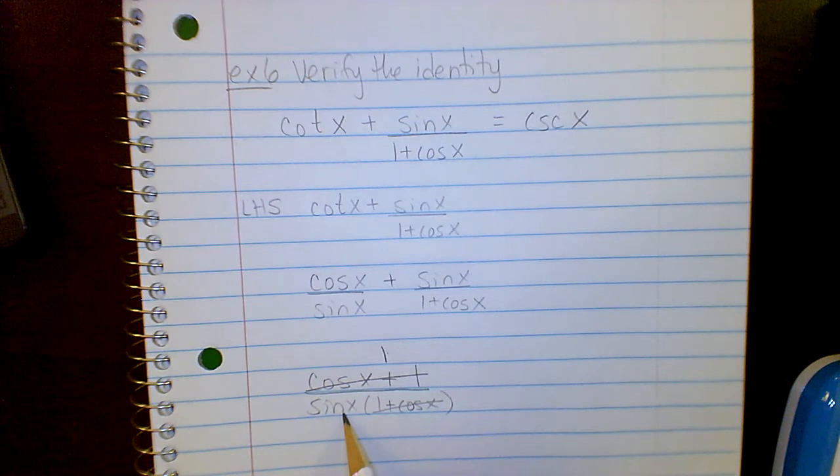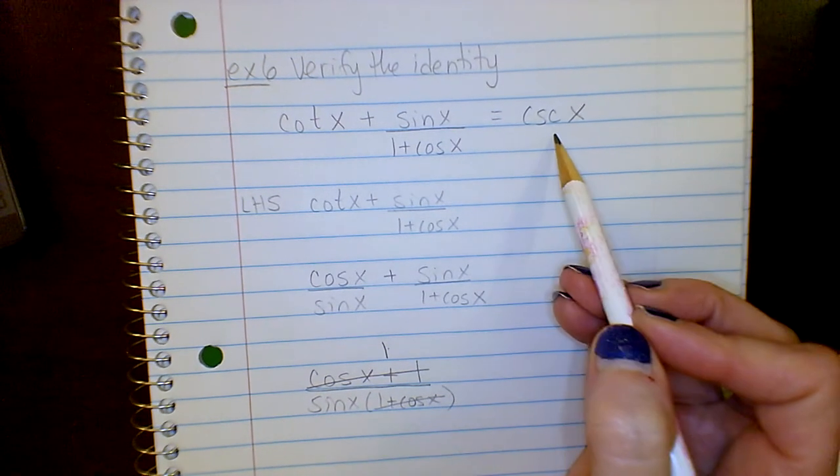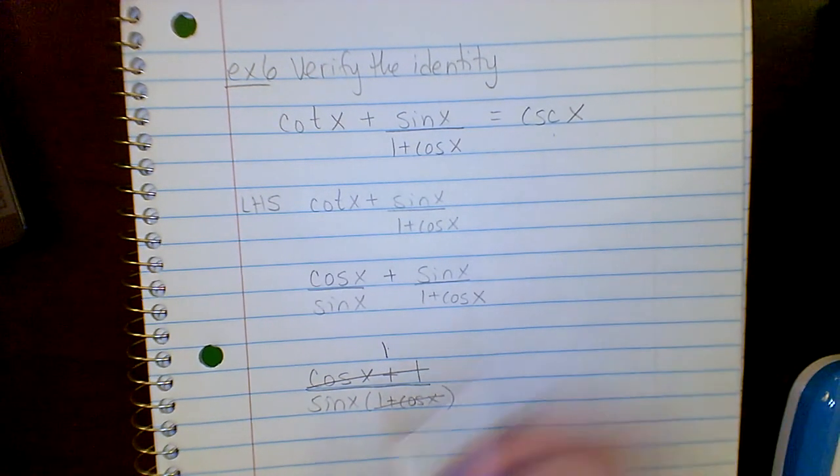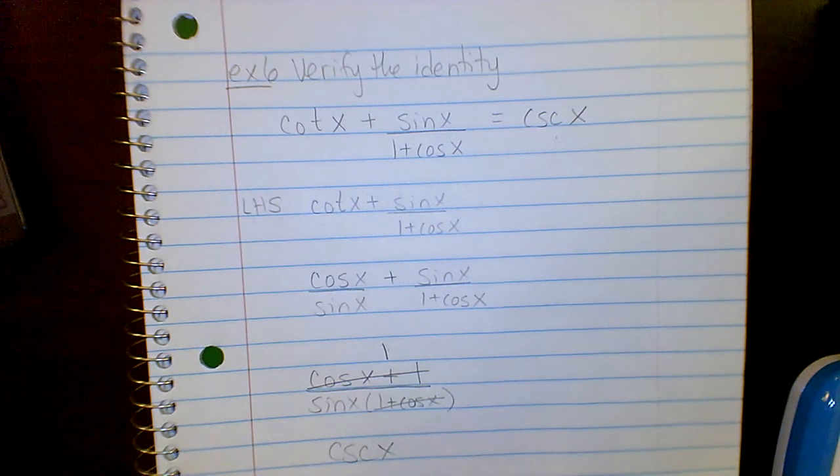So those two cancel. The cosines don't cancel, the 1s don't cancel, the entire factor cancels. The individual terms do not, the entire factor does. So check it, I'm left with just 1 over sine. Remember where I wanted to end up? Cosecant. Done.